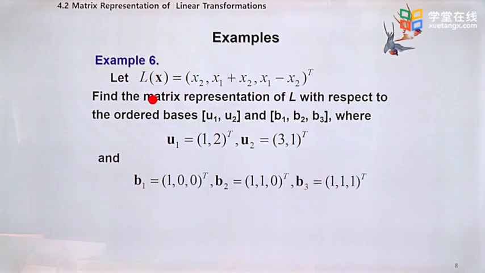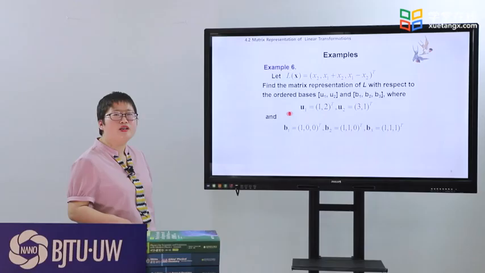Let's see this simple example. Let L(x) be defined in this way. Find the matrix representation of L with respect to the ordered bases U1, U2, and B1, B2, B3, where U1 is here, U2 is here, and B1, B2, B3 are given here. In order to find the matrix A, we will first perform this mapping on the basis vectors of the original vector space.